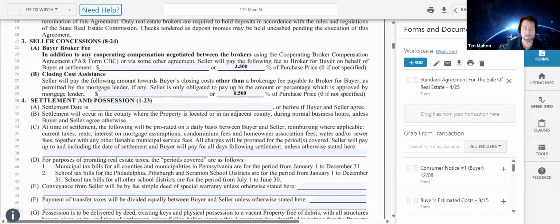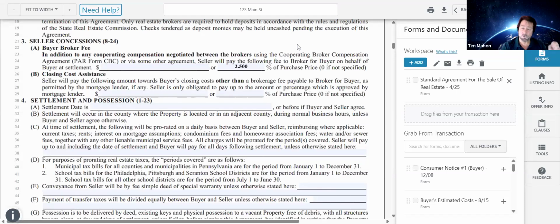So hypothetically, I don't do it this way, but I'm showing you the purpose of the form. Under seller concessions, I got a seller. If the seller says I'm paying 2.5 and I'm not going to charge my buyer the other 0.5% because that's what they're paying, then that's what I would simply put in there. Nothing would be here. Okay.